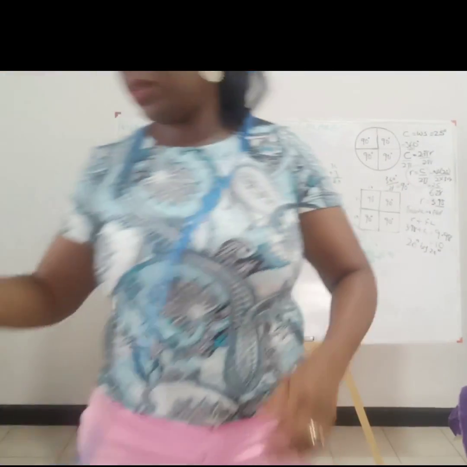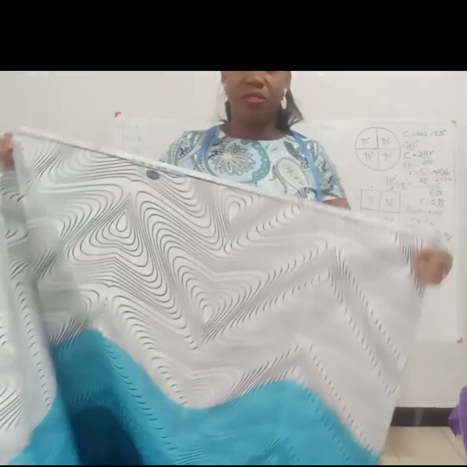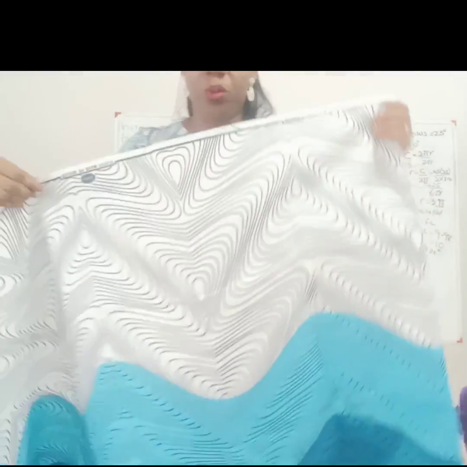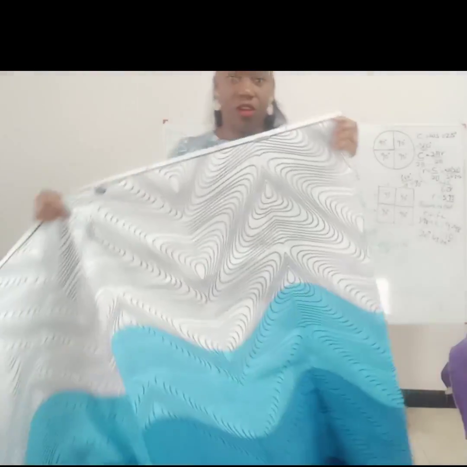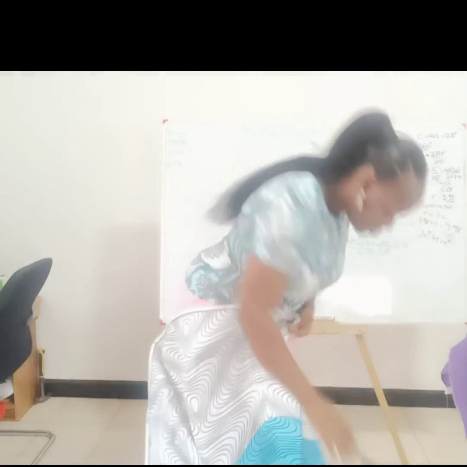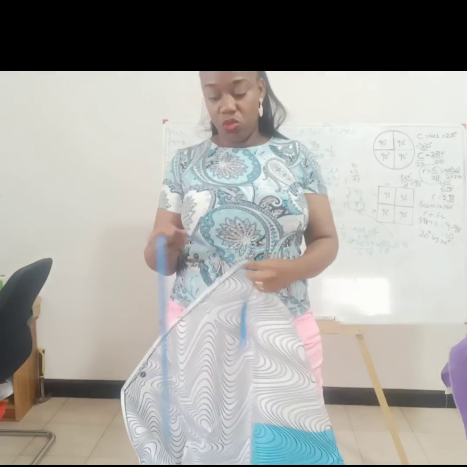So this is what we mean. Because it's a 90 degree flare, there is no folding. You just simply measure out what you need.